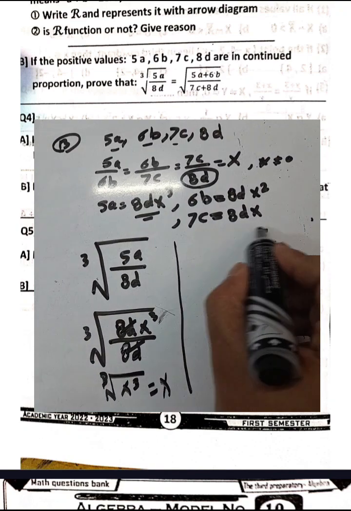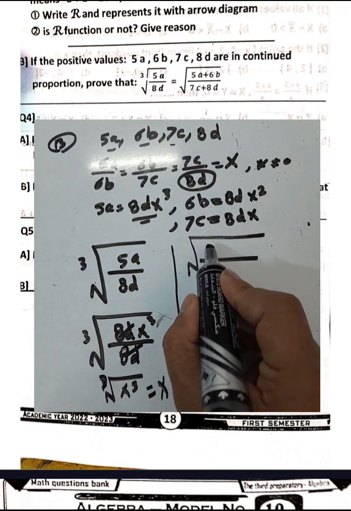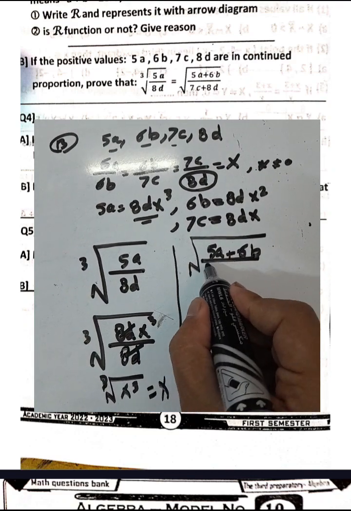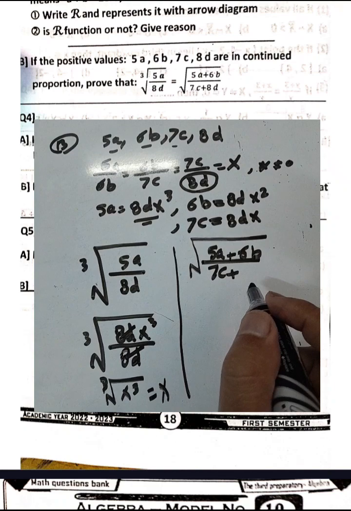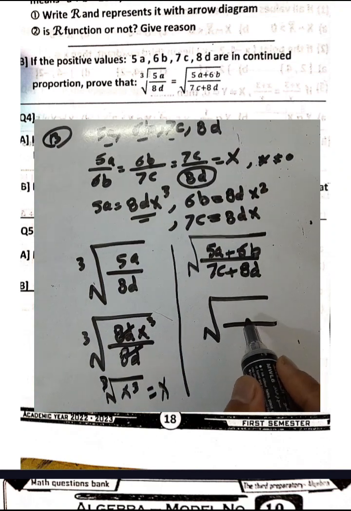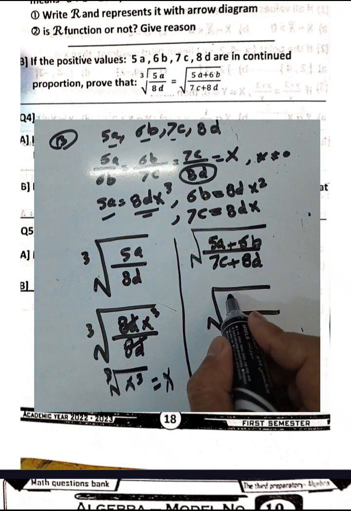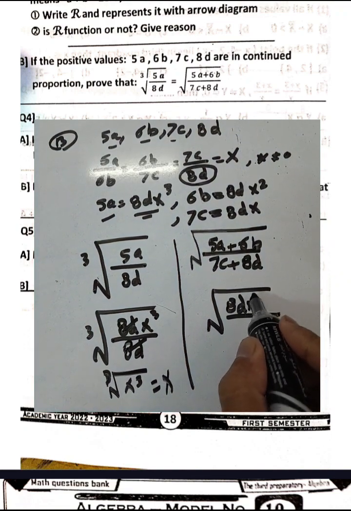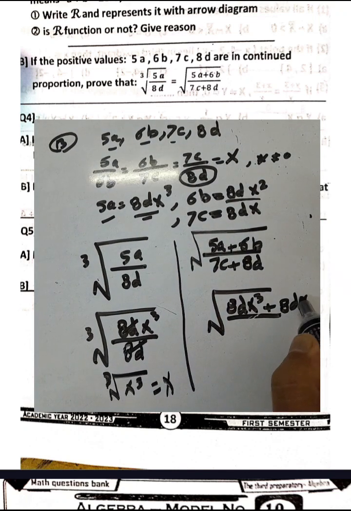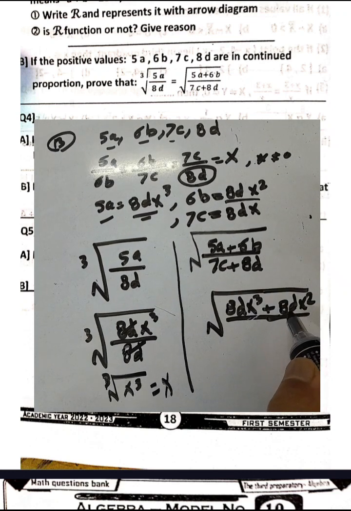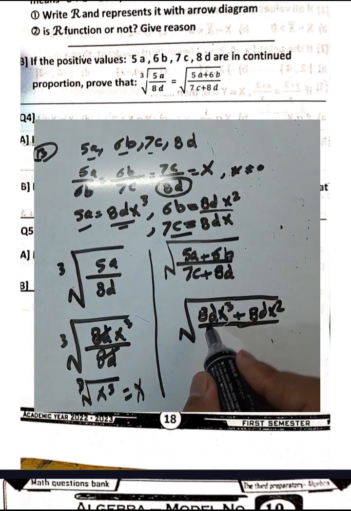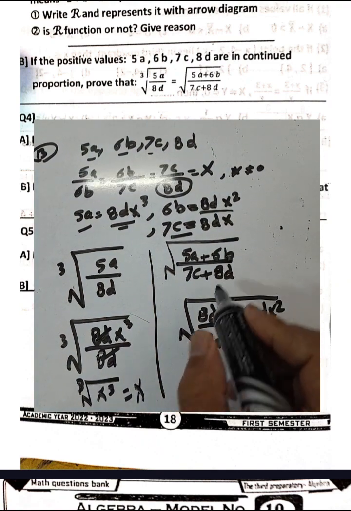And here, the square root of 5a plus 6b over 7c plus 8d. 5a equals 8d x power 3 and 6b equals 8d x power 2, and here 7c was 8d x plus 8d.